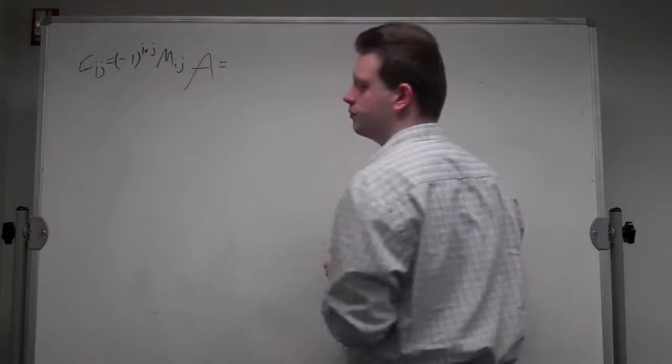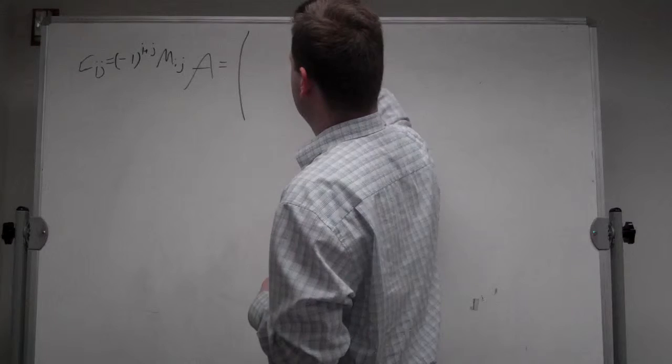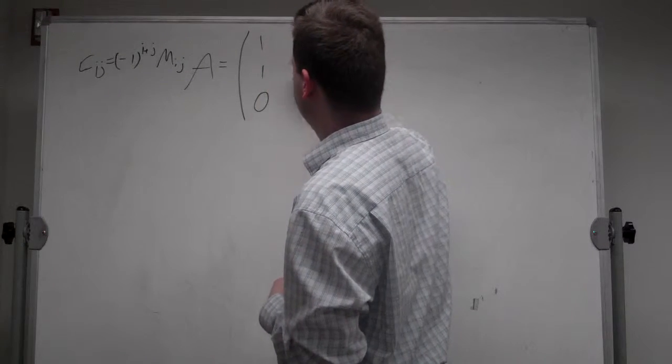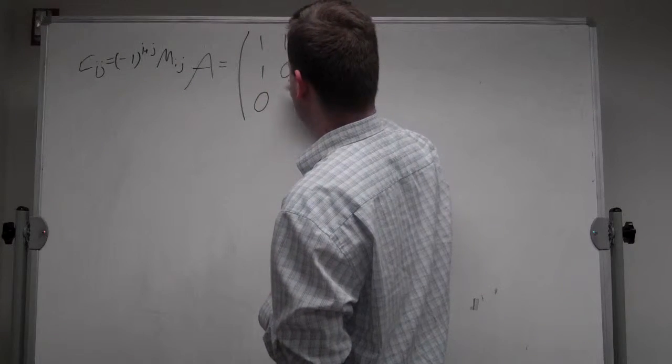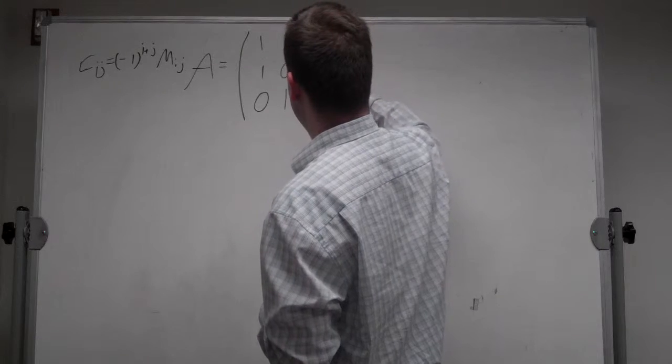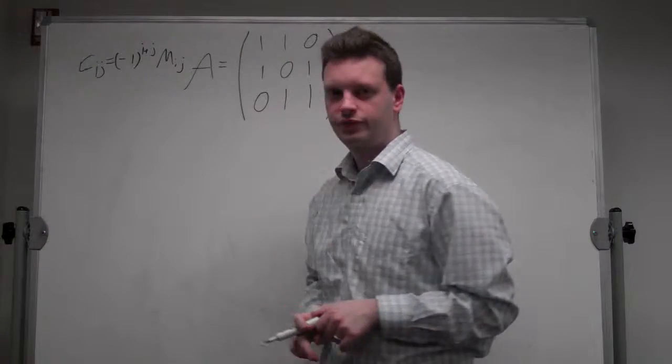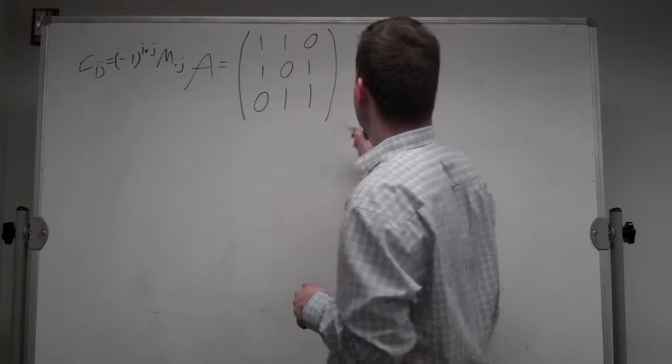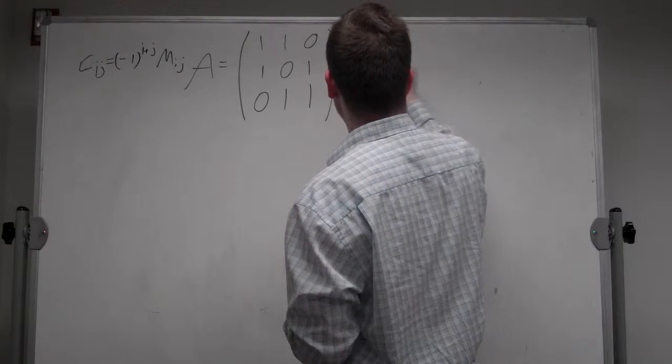Let's start with the following matrix: 1, 1, 0, 1, 0, 1, and 0, 1, 1. Okay? And we want to get the inverse.